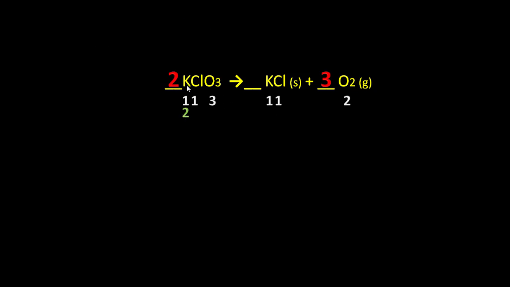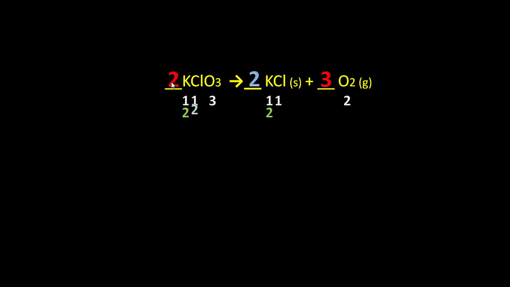See, here we have 2 potassium atoms, and here we have only 1. So what to do to make the number of potassium equal? We just multiply this molecule by 2. As we told you, multiplication by 2 means the whole compound is multiplied by 2. So we have 2 potassium atoms. What about the chlorine atom? It's multiplied by 2.